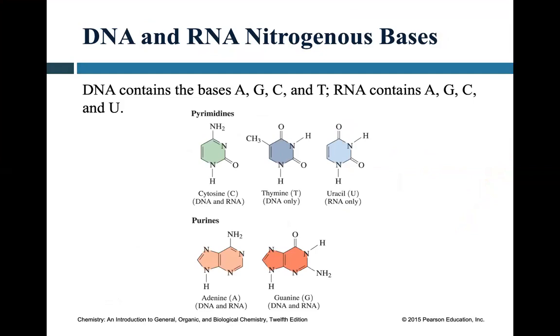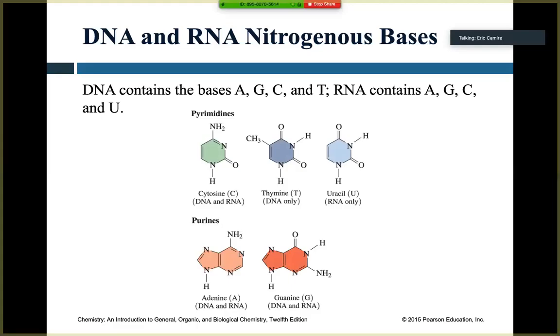So again, you probably learned this in high school. There are sets of bases. Bases are going to hydrogen bond to each other, and this is how they match up, and we'll talk a little bit more about that later. But there are 2 classes of bases, and it's based off of their structure. The first is pyrimidines, and as we go through all the structures here, all of them look very similar.